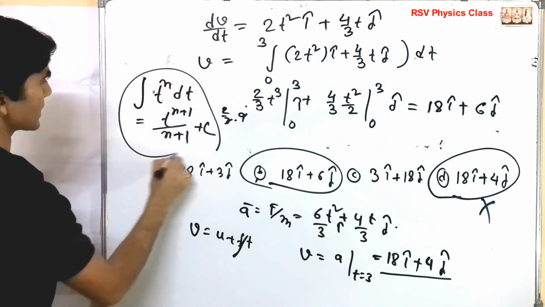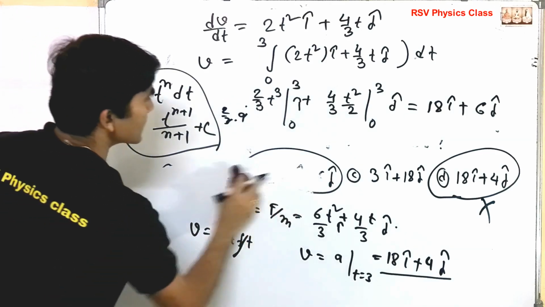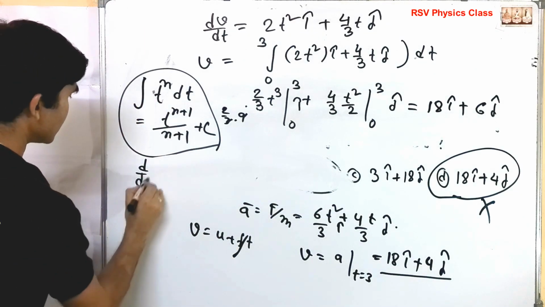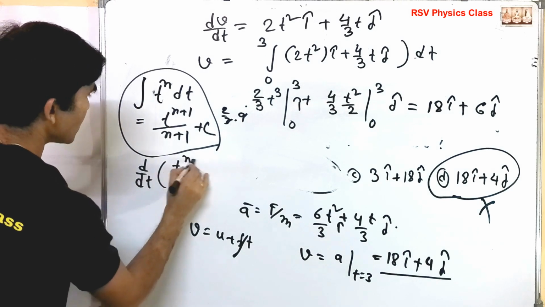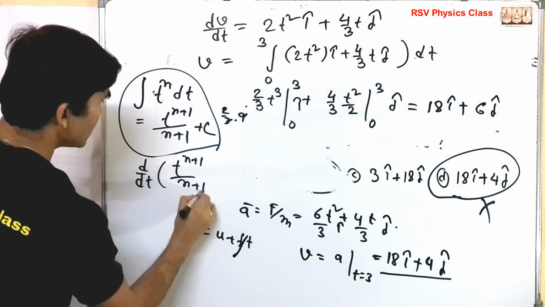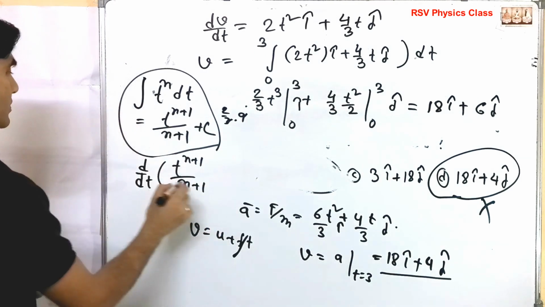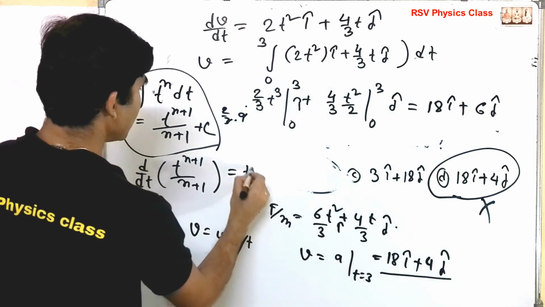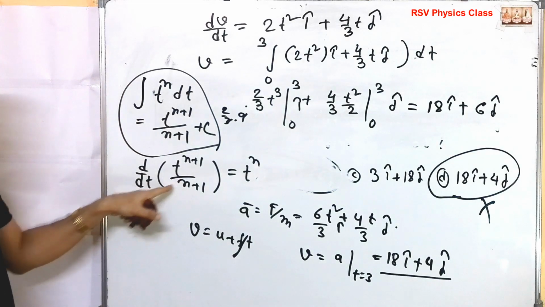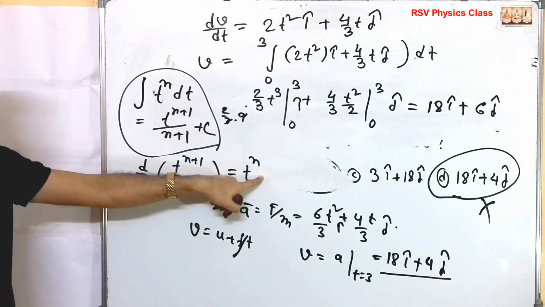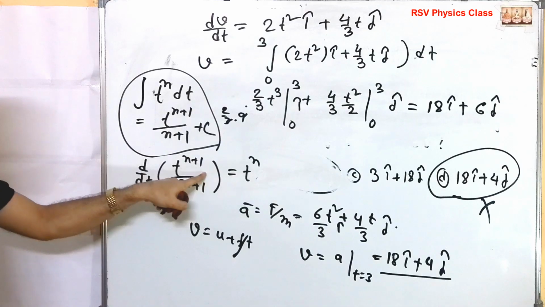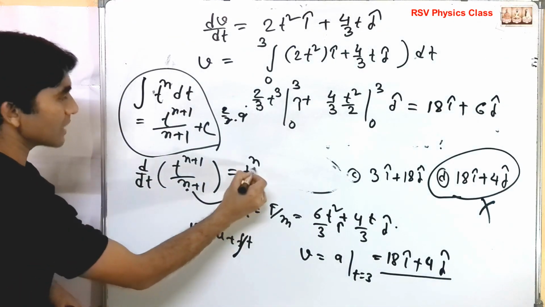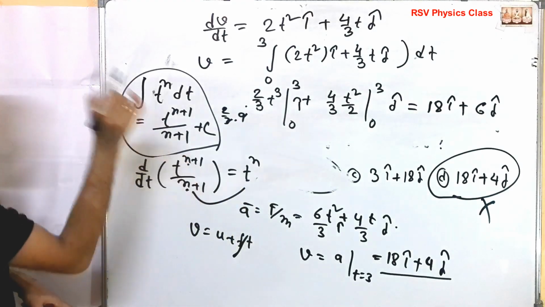So this is the integration, and if you take the derivative of this, d/dt of t to the power n plus 1 by n plus 1 equals how much? This equals t to the power n. So if the derivative of this is this, the integration of this one will be this. This is how you have to remember.